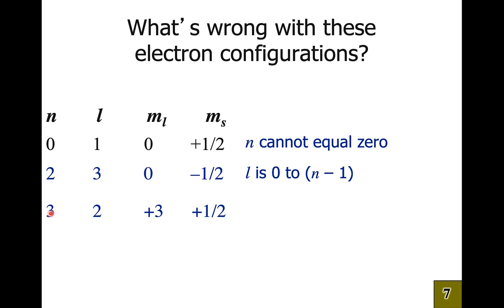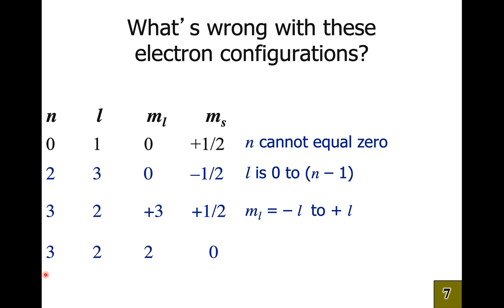And this next one, n is okay. l is okay because 3 minus 1 is 2, so this can go up to 2. m sub l for this case would have values of minus 2, minus 1, 0, plus 1, and plus 2, but not plus 3, because it only goes up to plus l, which is 2.